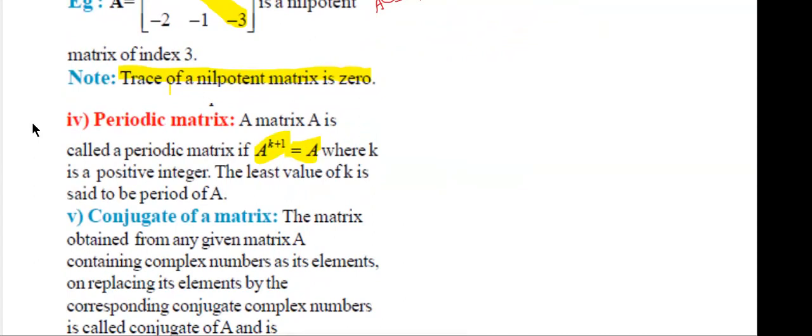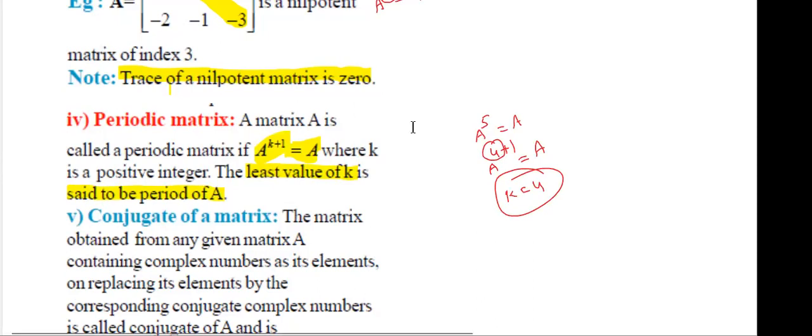The least value of k is said to be the period of A. Suppose you got A power 5, we can write it as 4 plus 1. In this case, what is the k value? 4, so 4 is the period of the given matrix.